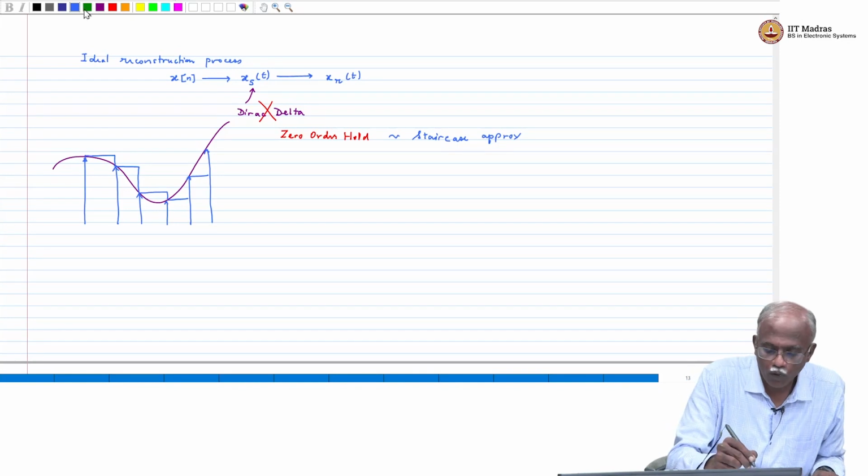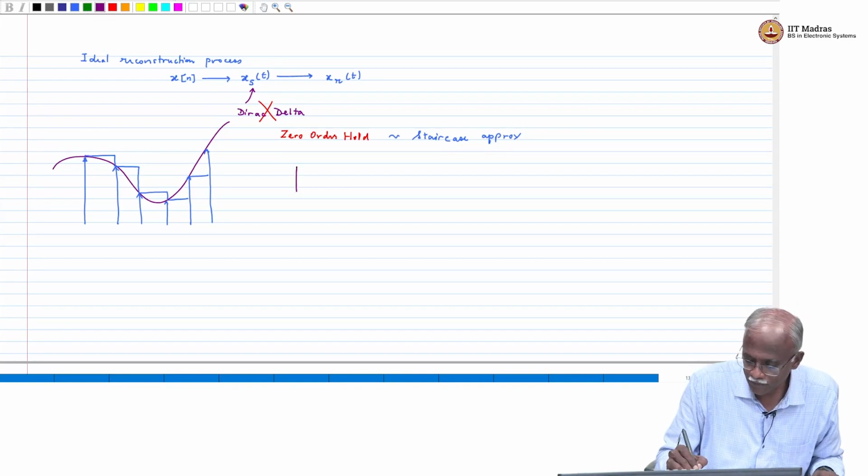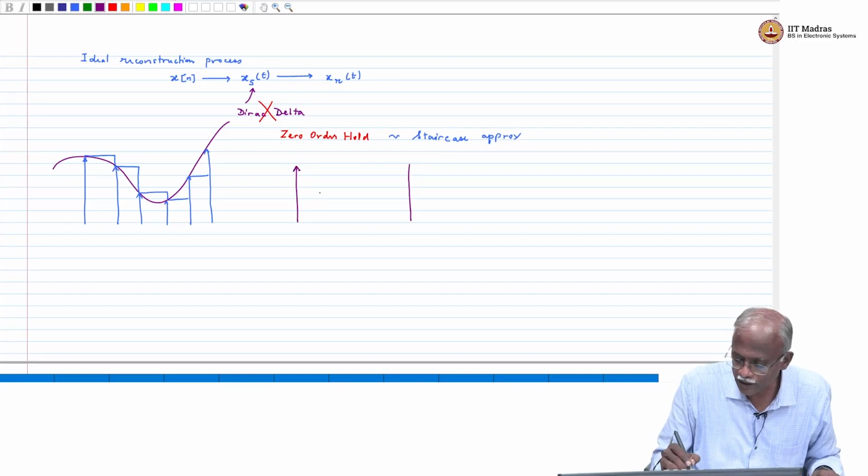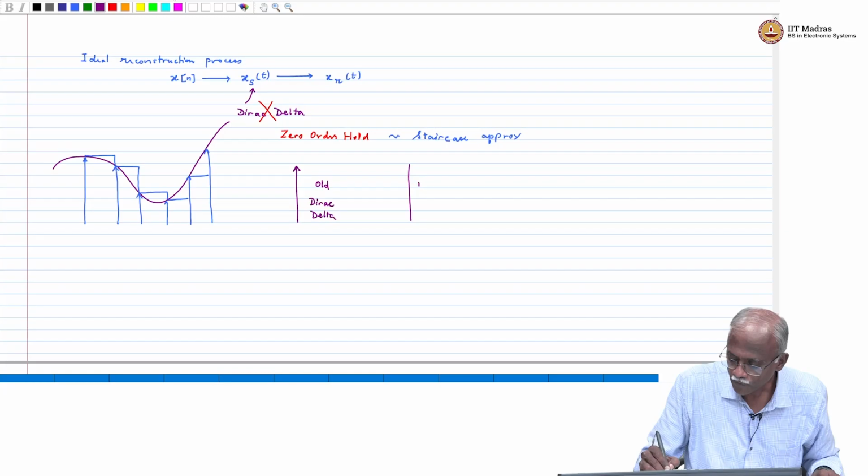Okay, so instead of a Dirac delta, this was the original, now the new one. So this is the old, this is a Dirac delta, okay, Dirac delta. The new is a zeroth order hold.